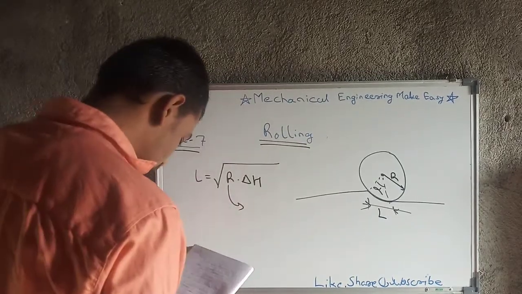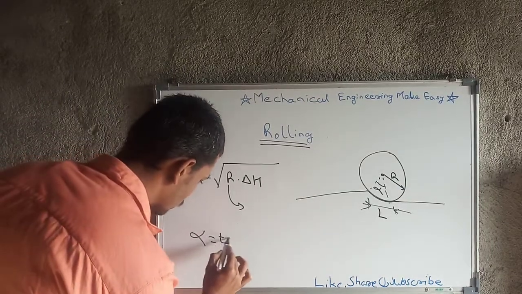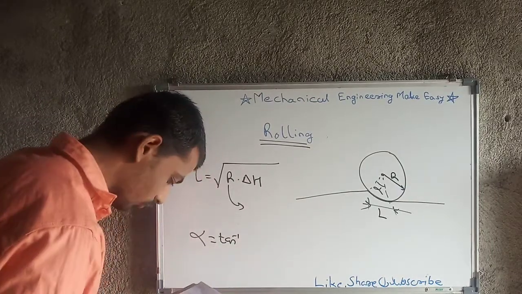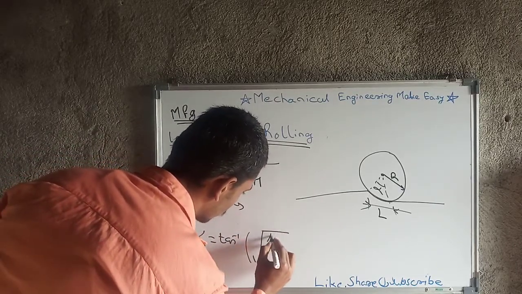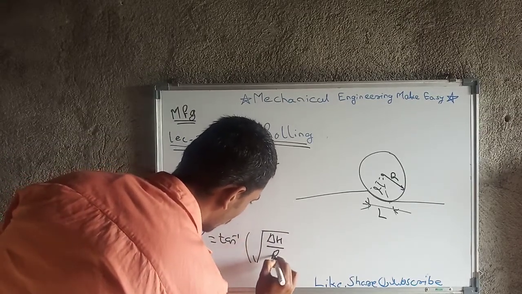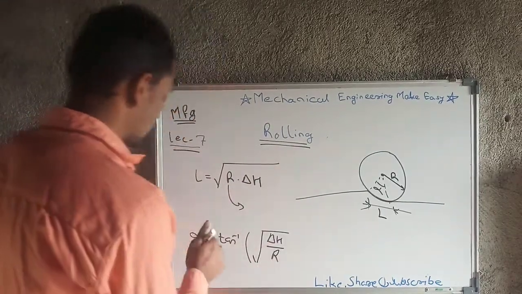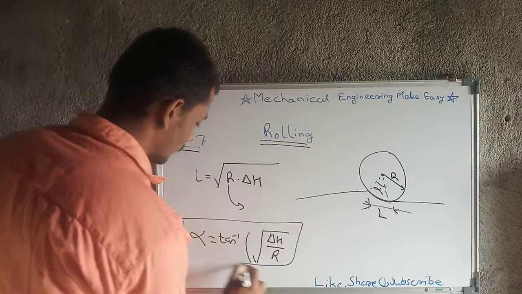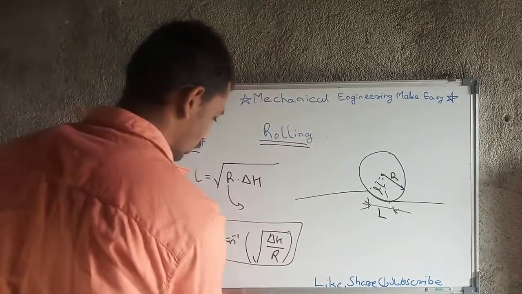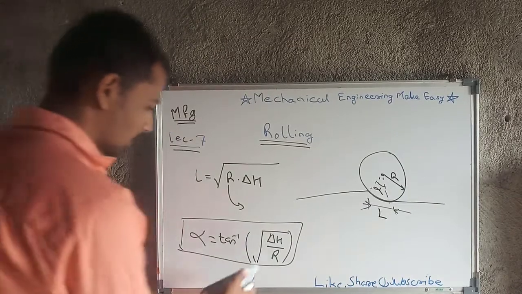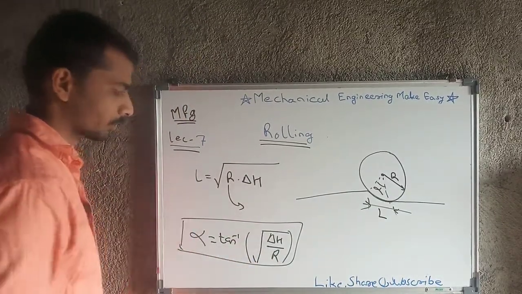So what is the equation for that? Alpha equal to tan inverse of under root of delta H upon R. This is the radius and this is the change in thickness. You may forget this under root, but that under root is very important. So note down this formula.